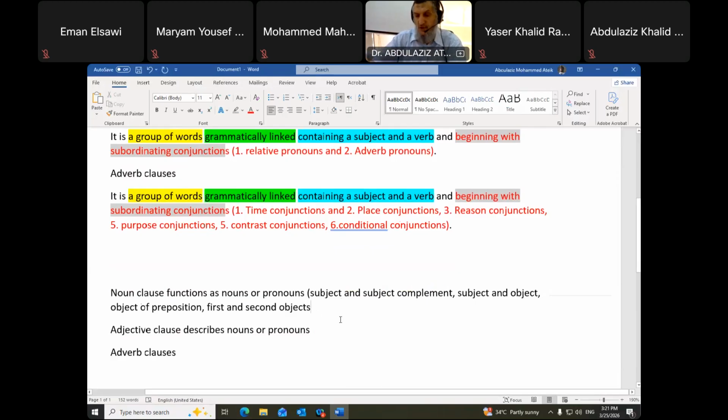Then we have object and object complement. So all these functions, we can use them also for noun clauses. So the noun clause functions as a noun. It takes the same function of nouns.